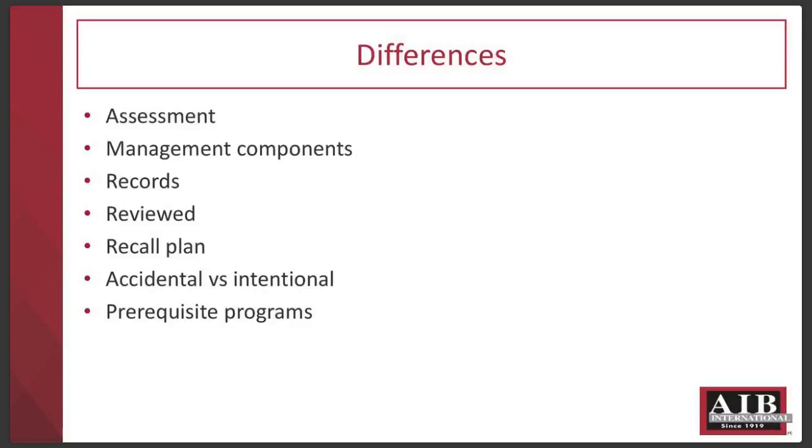If we don't control keys well in our facility, then we don't really have a good mitigation strategy. So that's an example of how there are going to be different prerequisite programs that we either may have to develop or review, that's going to be different than we would normally have in our food safety programs.